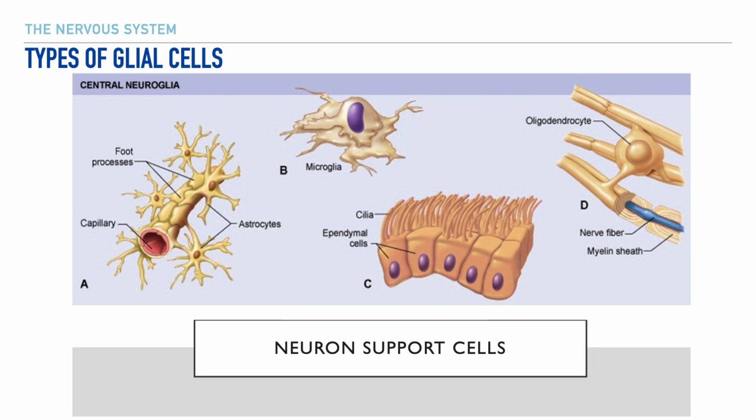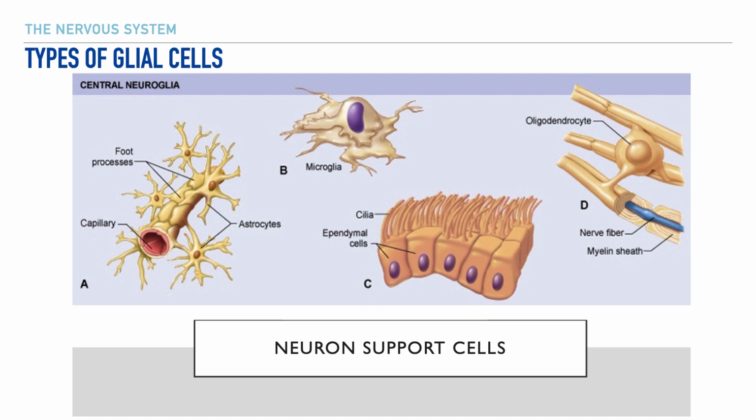Alright, let's switch gears now, and as we switch gears, let's take a look at glial cells. Now, the term glial is analogous to the term glue. So when I think about the term glue being used, I think about it supporting something. And that's what glial cells do. They support neurons. Now, we can divide the types of glial cells associated with the nervous system into two categories.